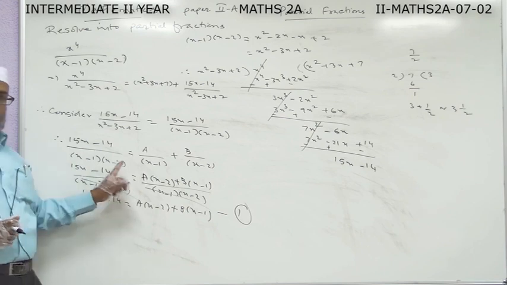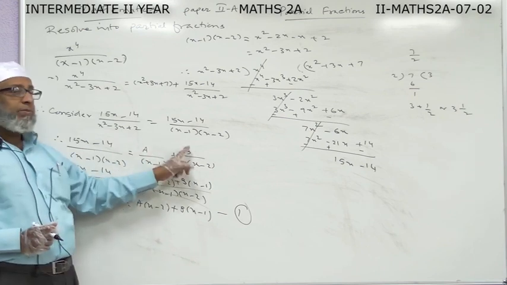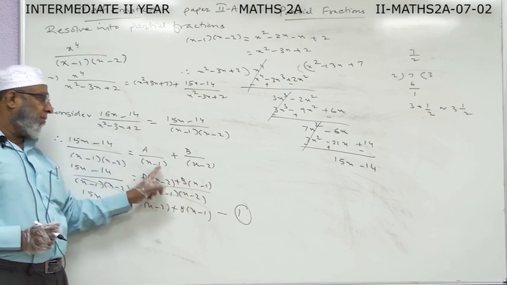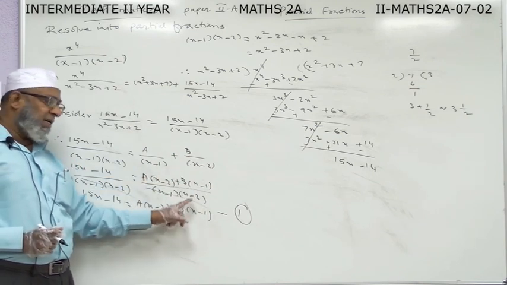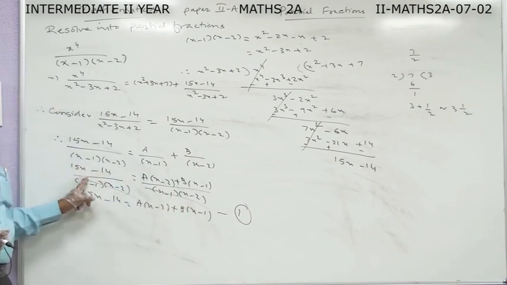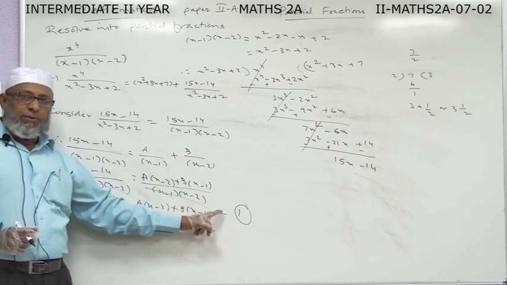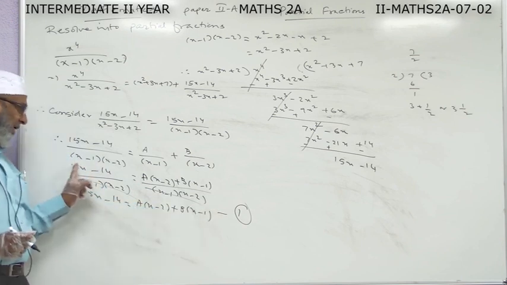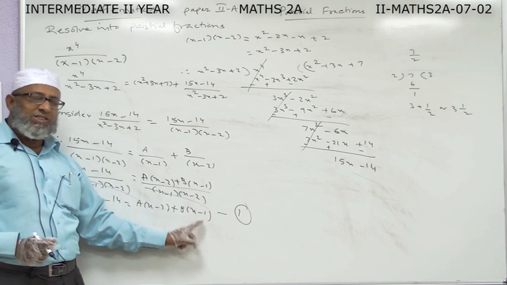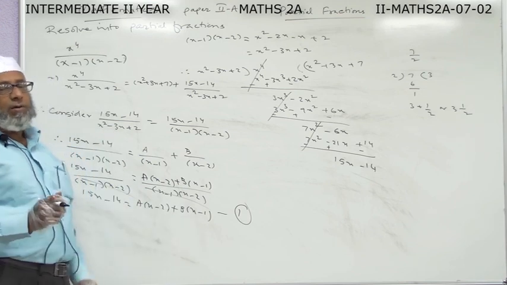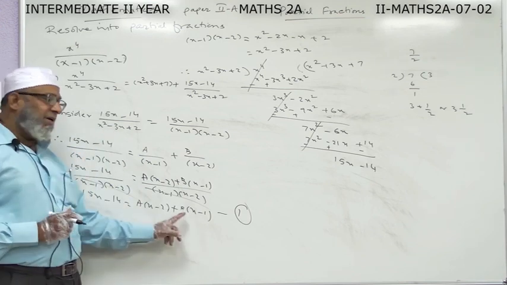Therefore, the substitution is a by x minus 1 plus b by x minus 2. On taking LCM, this becomes a into x minus 2 plus b into x minus 1 divided by x minus 1 and x minus 2. The denominator remains as it is. Again, cancelling the denominator from both sides, what I am getting? 15x minus 14 is equal to a into x minus 2 plus b into x minus 1. Again, my purpose is to get the values of a and b.